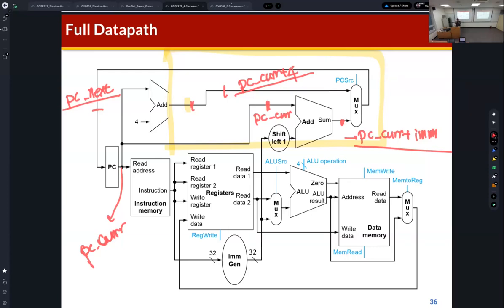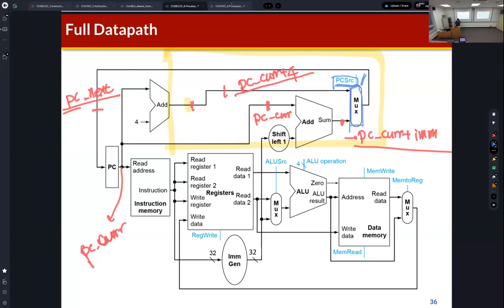Okay, so we need to select from these two cases. For this selection, we require a multiplexer, and this multiplexer is controlled by PC source, a control signal.